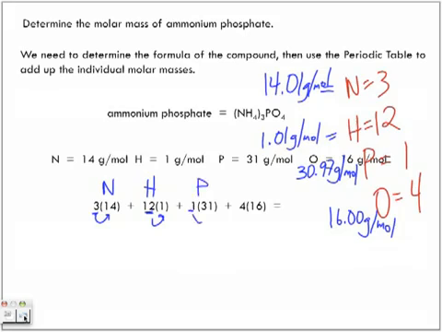grams per mole. Determine the mass of 2.35 moles of sodium acetate. We have the number of moles, which is 2.35 moles of sodium acetate. There's the formula, NaCH3COO.